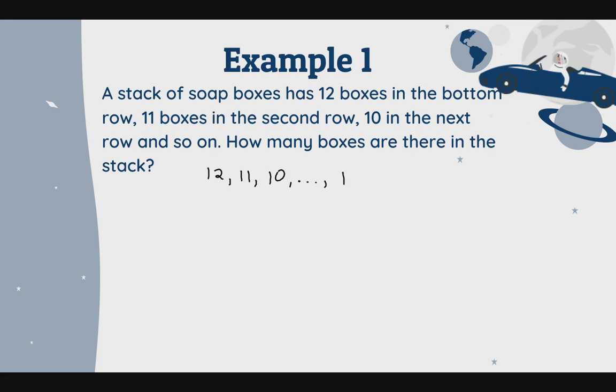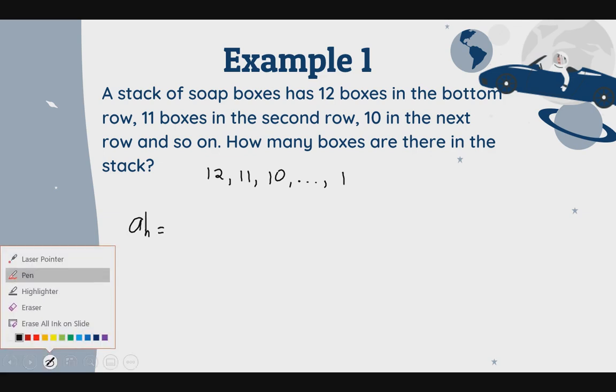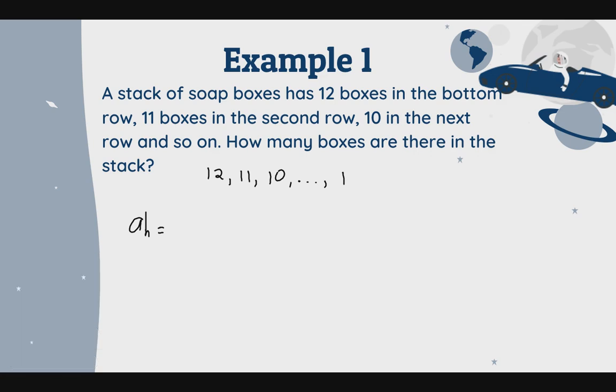And how many terms do you think this sequence has? Okay, so this sequence has 12 terms.